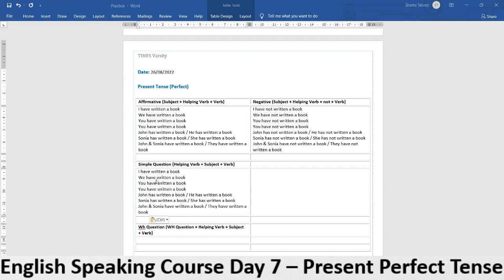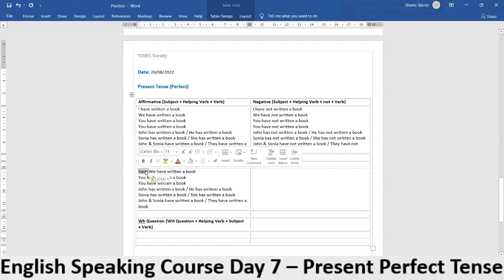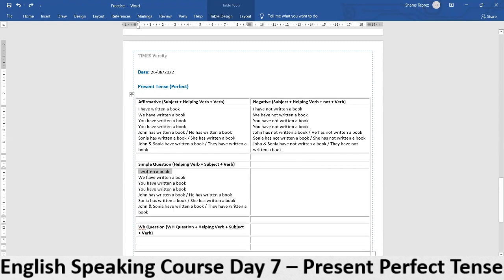Have I written a book? Yes, so have is the helping verb and it should be before the subject. So this is the helping verb; remove it from here and put it before the subject. Have I written a book?